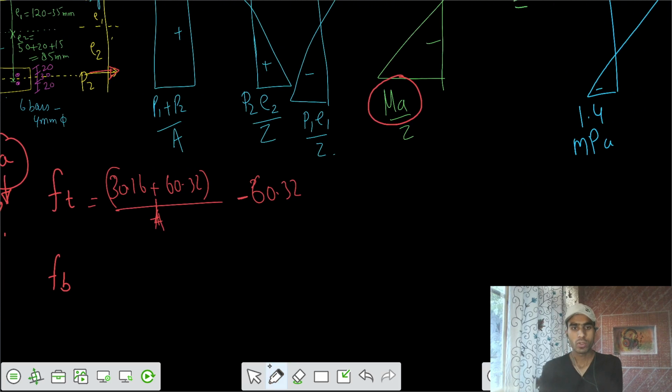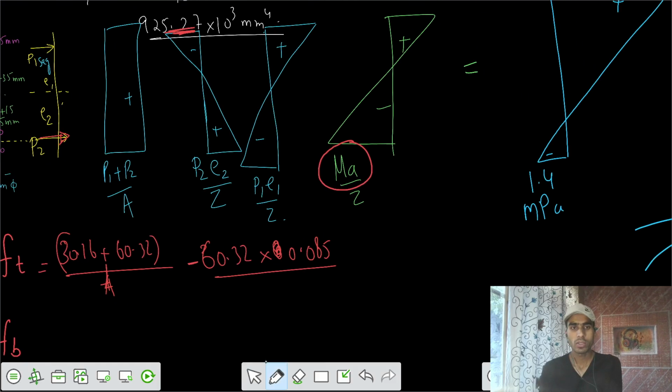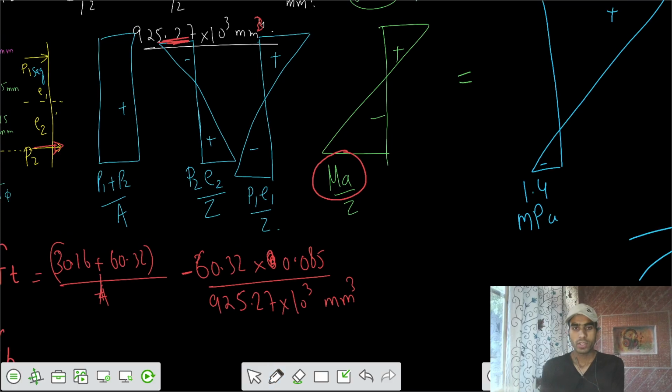Eccentricity E2 is 85 millimeters, so I can write 0.085 divided by the section modulus we calculated, that is 925.27 times 10 to the power 3 millimeter cubed. This is your section modulus.